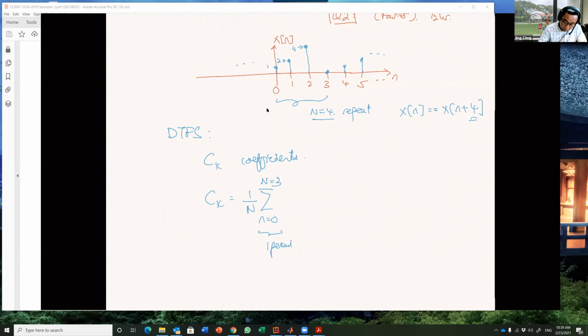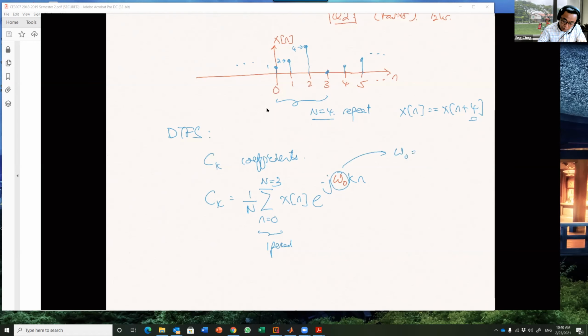And then we have x of n, and then e to the minus j, and maybe you would like to write it this way, which sometimes we suggest, omega naught k n. All right, so why do I put omega naught? What is this?